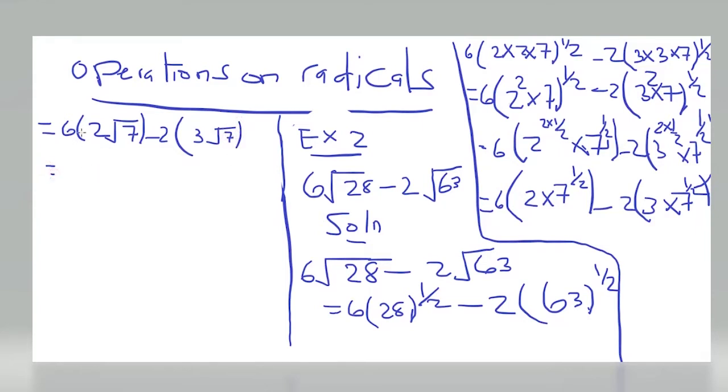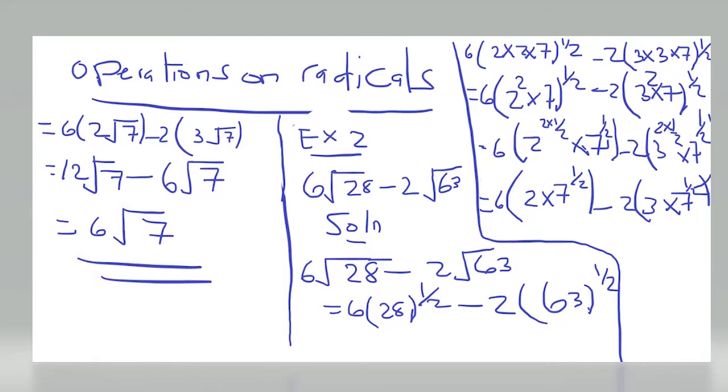Now 6 times 2 is equal to 12. Then root of 7 minus 2 times 3 is 6 root of 7. Since we have a common radical sign, you can take 2 times 6 equals 12, 6, then radical 7. This is the answer.